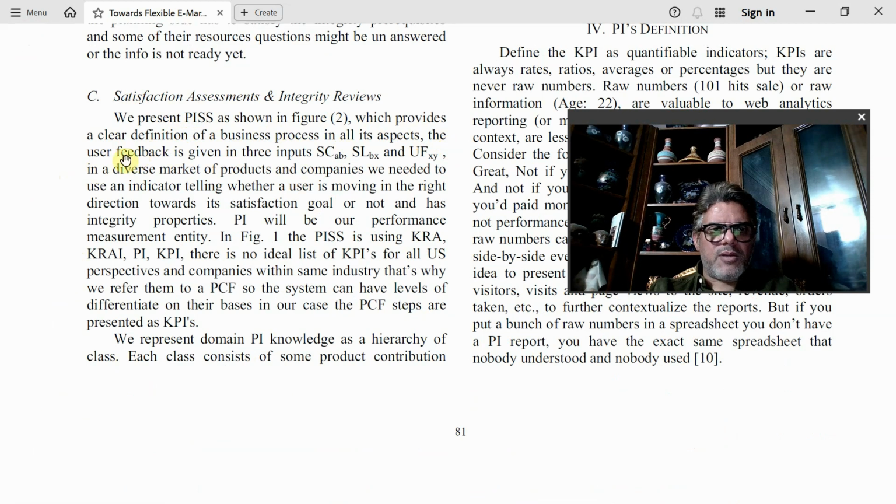The user feedback is given in 3 inputs. So the user feedback is giving satisfaction categories that are predefined: features, quality, availability, cost; satisfaction levels, which are the 6 levels; and the user framework, the linear progression of the business product process classification.